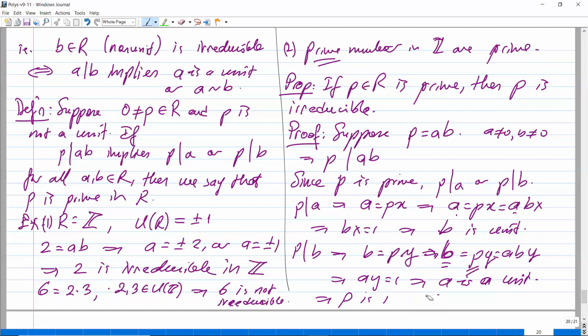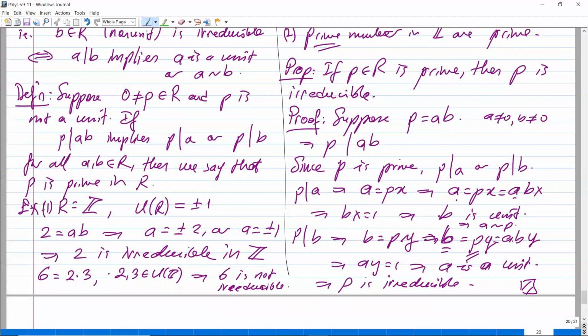If P is a unit, of course, here we may say that A is associated to P, if you like.